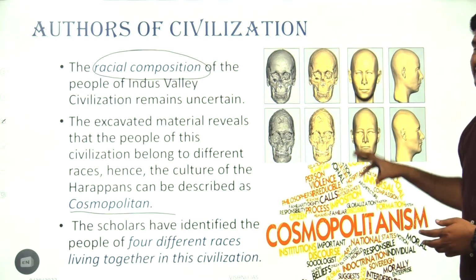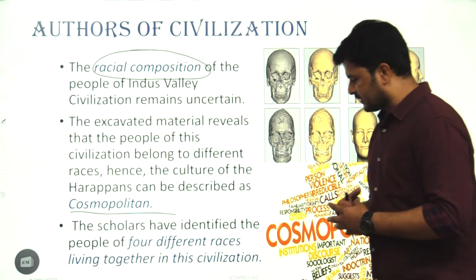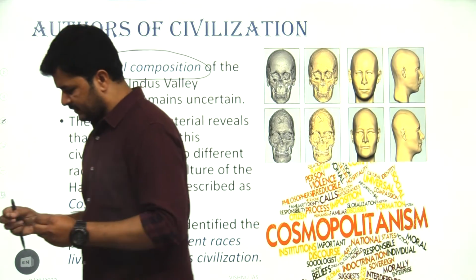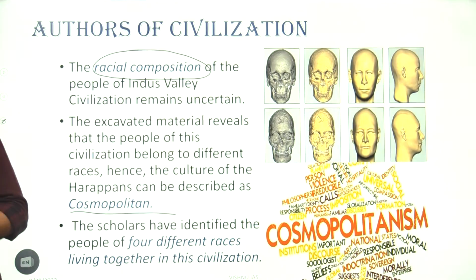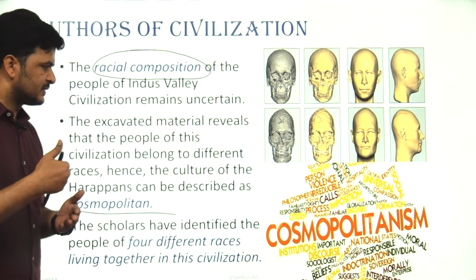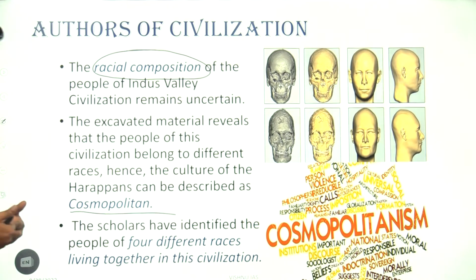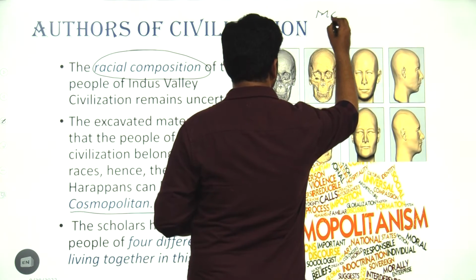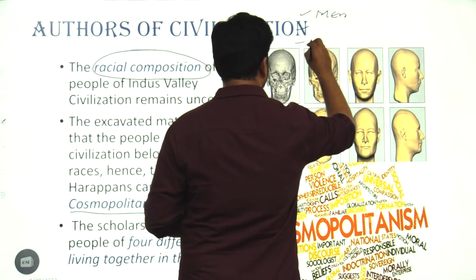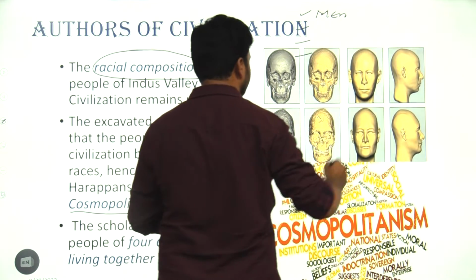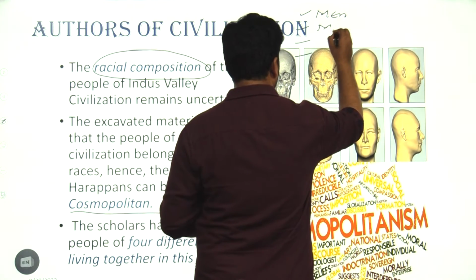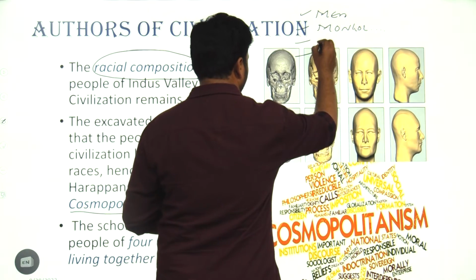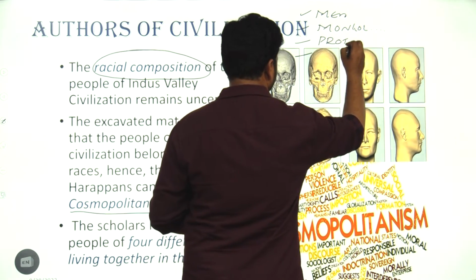So, a cosmopolitan civilization. In some texts you come across three different races, and in some texts four different races. We have the Mediterranean race, followed by Mongoloid, followed by Proto-Australoid.